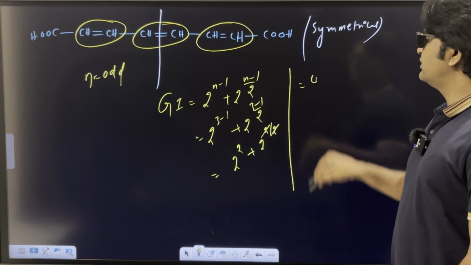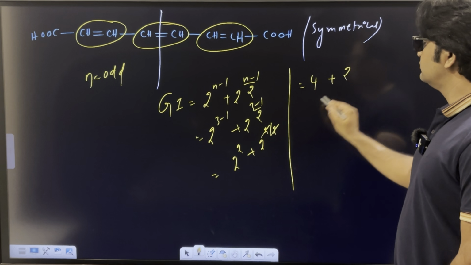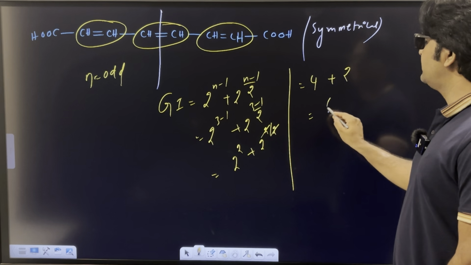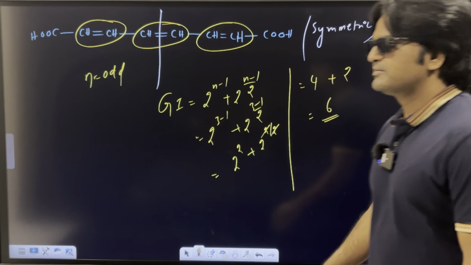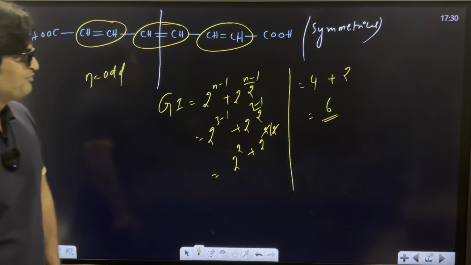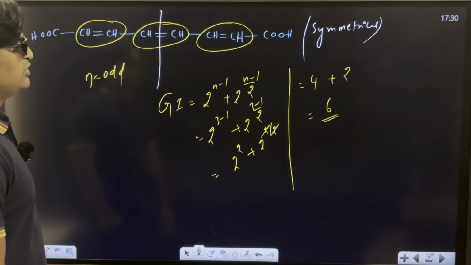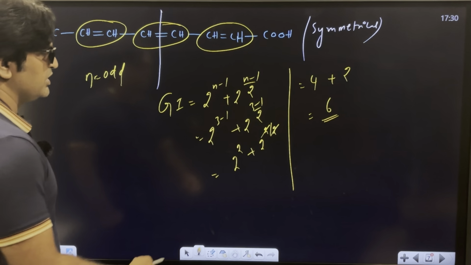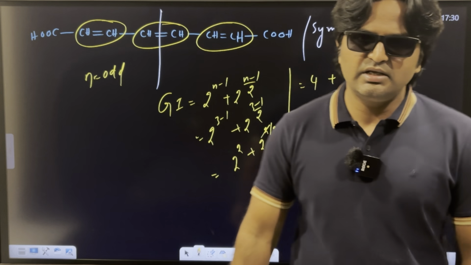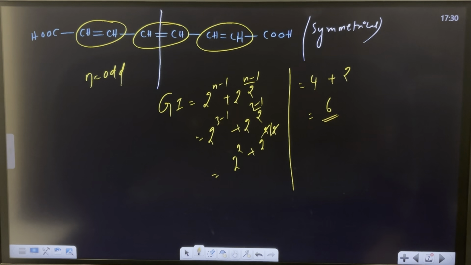Then 2 square, 4, plus 2. Total how many geometrical isomers? 6. Once you check the calculation, 2 square plus 2 to the power of 2 by 2, the 2 gets cancelled, 2. Okay, no problem. These are the total number of geometrical isomers for the given molecule. So that is the way of applying the formula according to the given molecule.